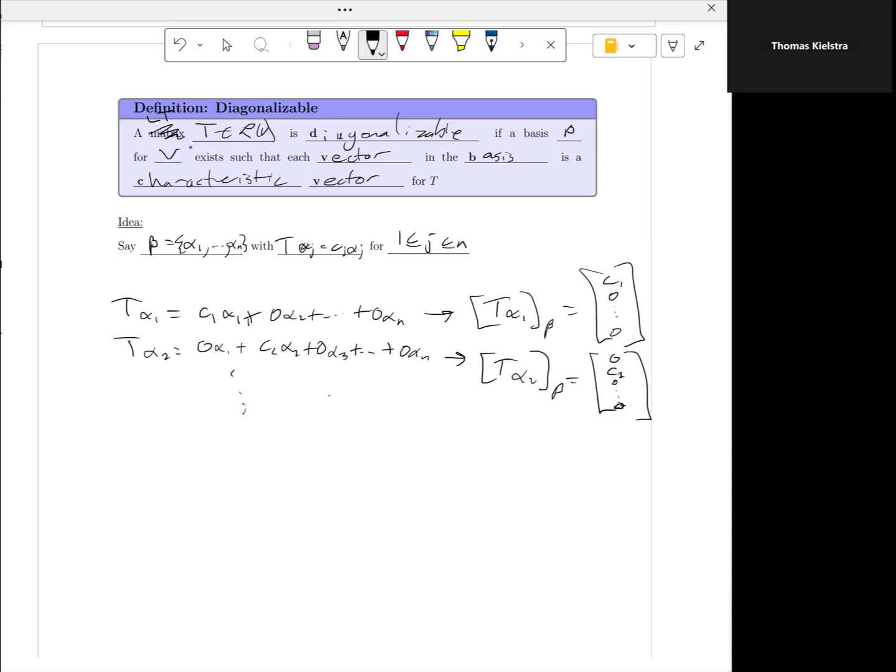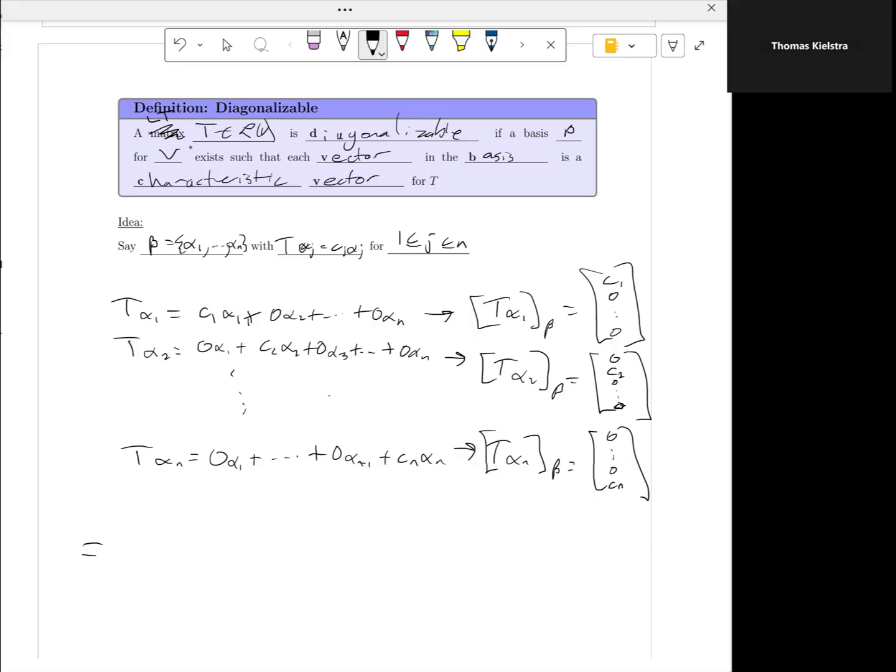We can repeat this until we get that T alpha n equals 0 alpha 1 plus up to 0 alpha n minus 1 plus Cn alpha n, which implies that the coordinates of T alpha n in basis beta are 0 up until 0, and the last entry is Cn.